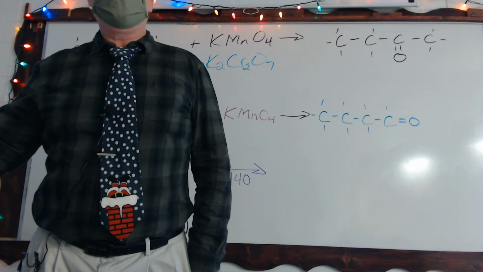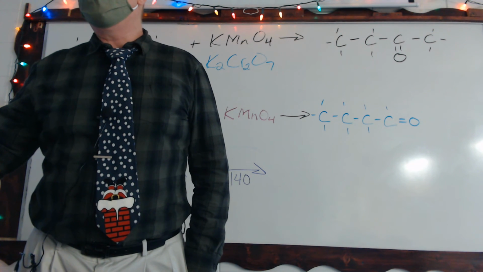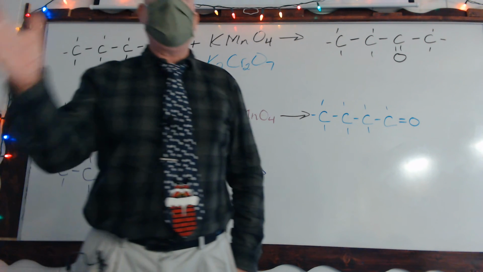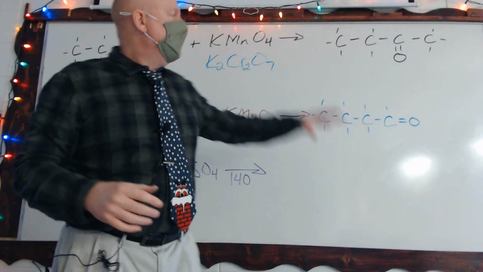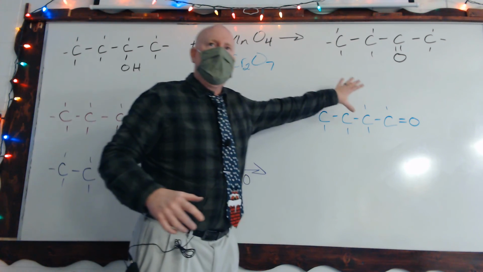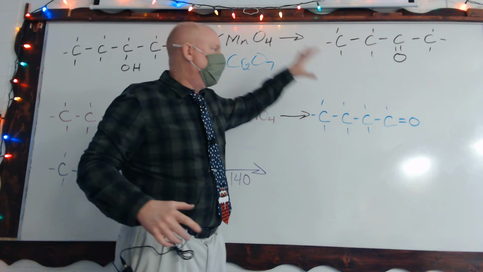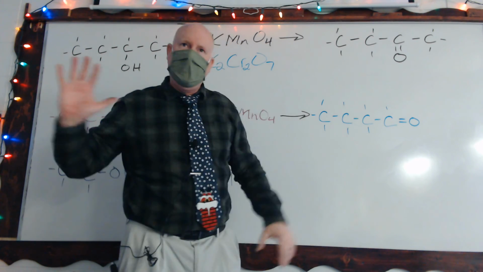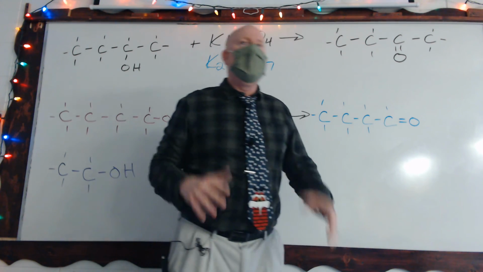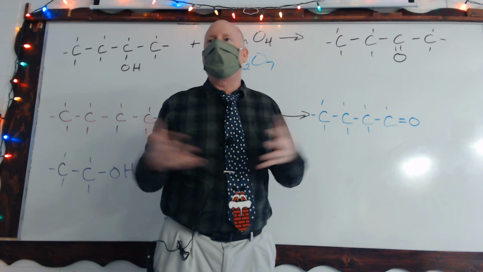The longer you keep your finger in there, the more damage it's going to do. In other words, the damage just keeps on continuing. That's what it's trying to say here. This oxidizing agent is too strong to stop at that stage. It just keeps on going until it can't go any further, and that's when it reaches an acid.